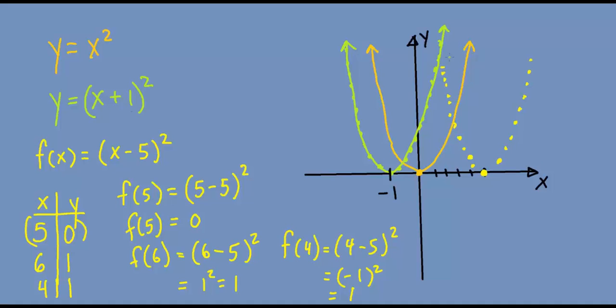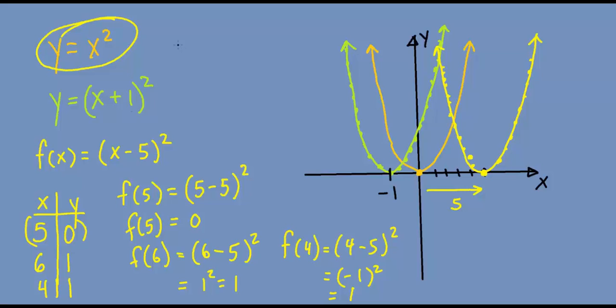If we wanted to just keep plugging in lots and lots of points, we'd get that pattern. We'd connect them all like this. And we'd see that the parent, what I'm calling the parent, it's sometimes called the parent graph, and these are its children, so to speak. We'd see that this new graph is the parent graph now shifted to the right by 5.